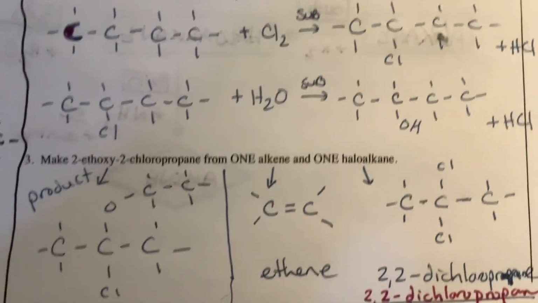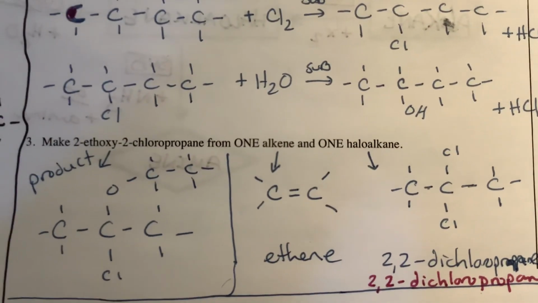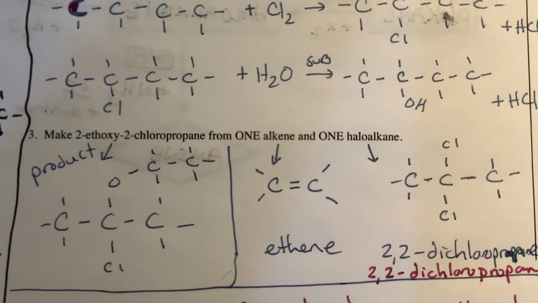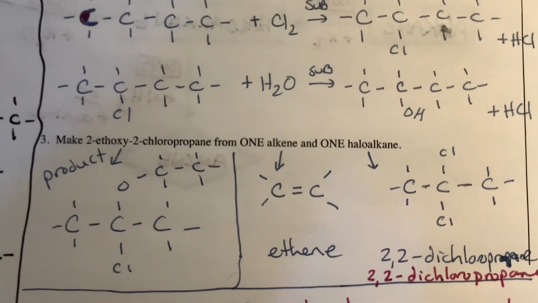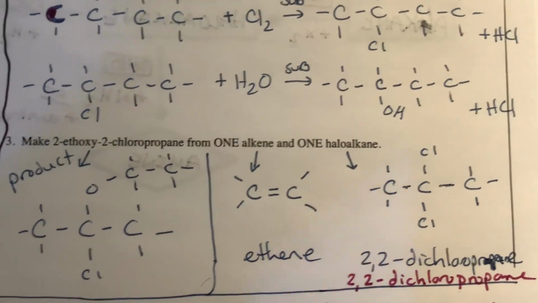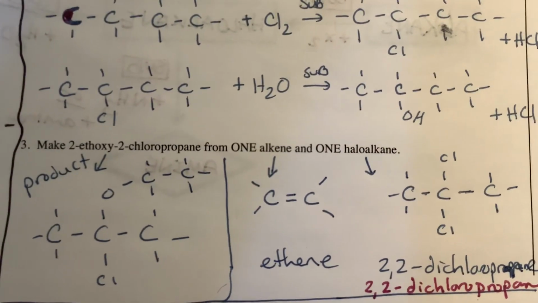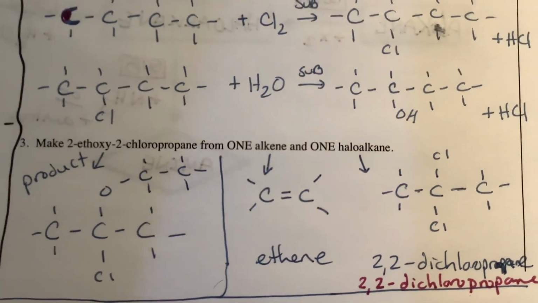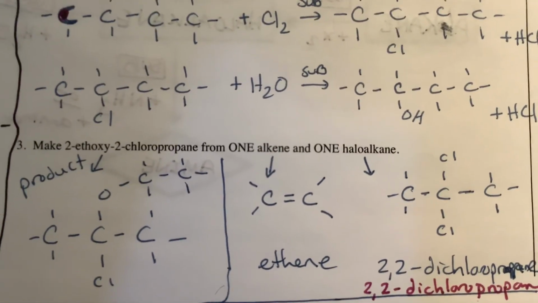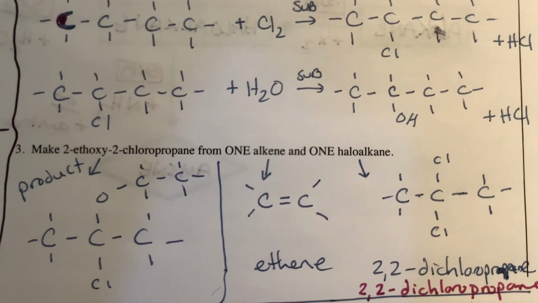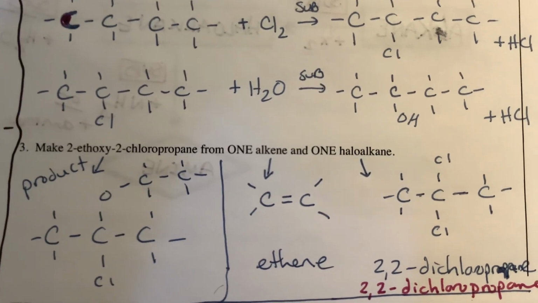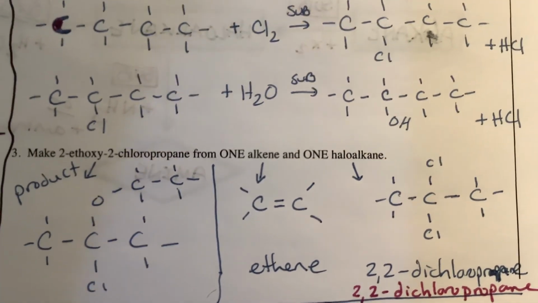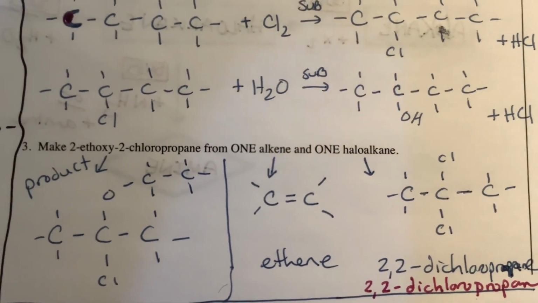For this one, it says make 2-ethoxy, 2-chloropropane from 1 alkene and 1 haloalkane. You may not be at the stage right now where you know what alkene and what haloalkane to use, so I'm actually going to help you out here. I've written out and drawn out the diagram for 2-ethoxy, 2-chloropropane, which is an ether, because it's got an oxy in it, so I know it's an ether.